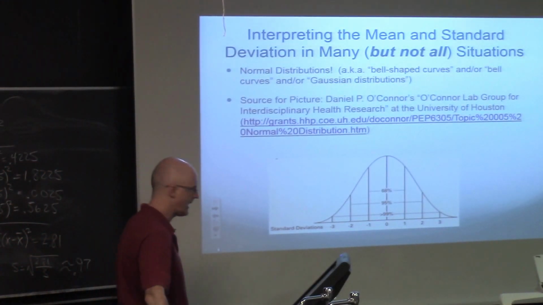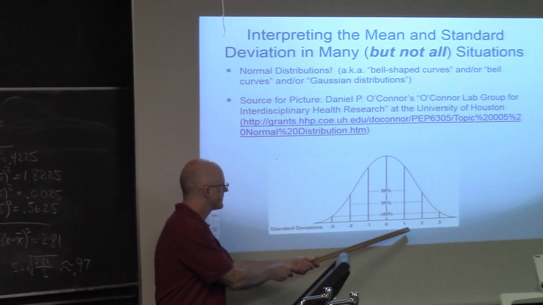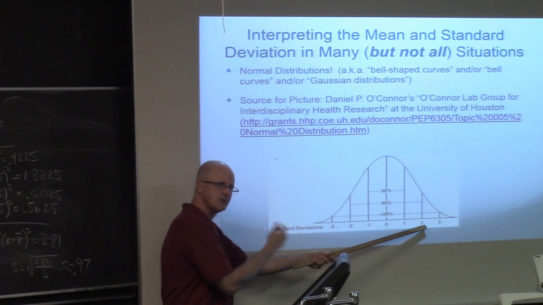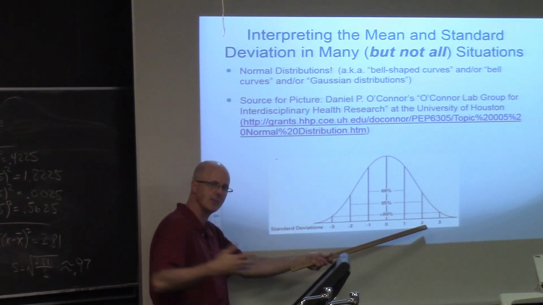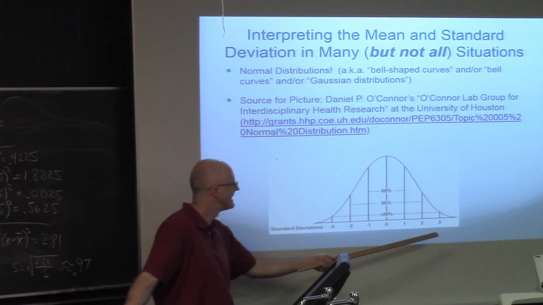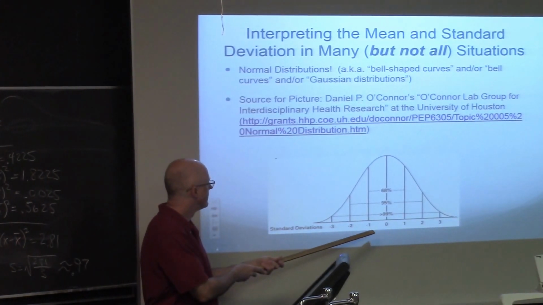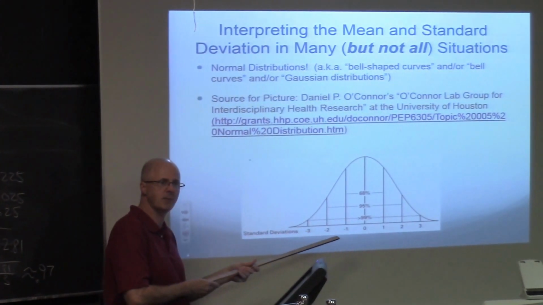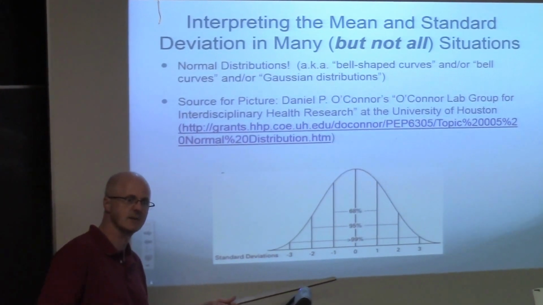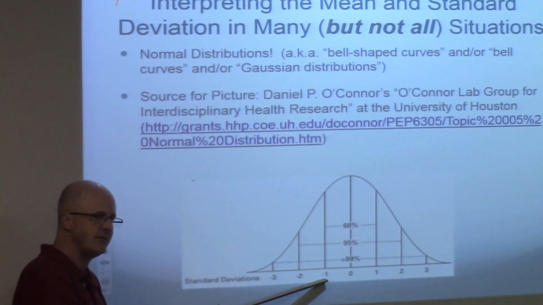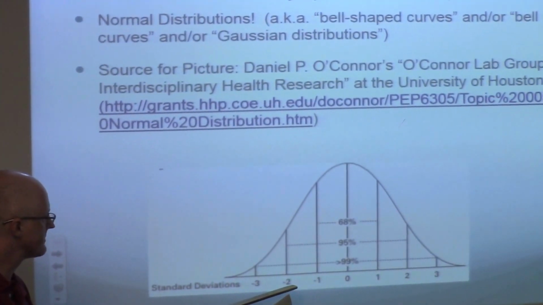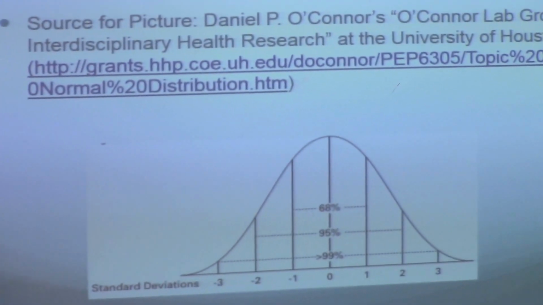This number right here is supposed to represent 1 standard deviation above the mean. This number is supposed to represent 2 standard deviations above the mean, 2 times whatever the standard deviation is. This is supposed to represent 3 standard deviations above the mean. These, with the negative, represent below the mean. That's why there's a negative. 1 standard deviation below the mean, 2 standard deviations below the mean, 3 standard deviations below the mean.